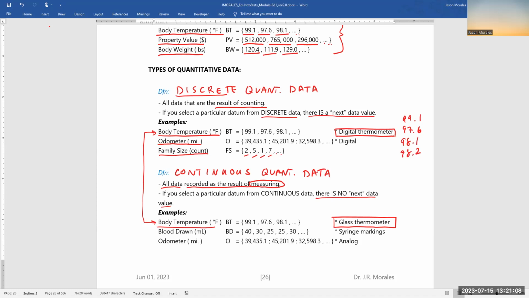But if you look at a glass thermometer with mercury, or I believe a red alcohol solution on the inside, it's a glass tube and it's got markings on the edges.